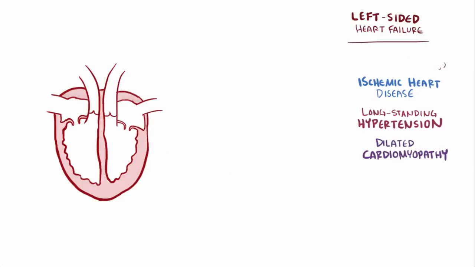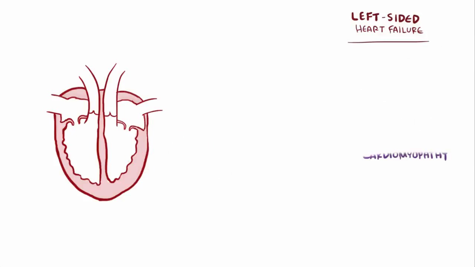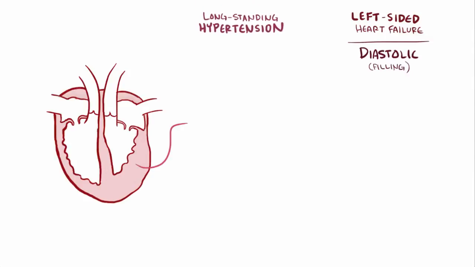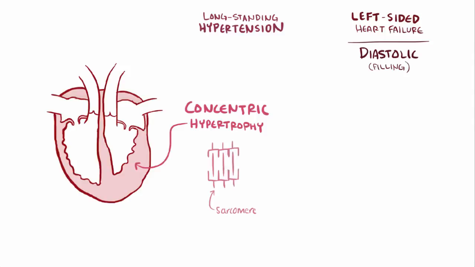Alright, even though systolic failure is most common in left-sided heart failure, diastolic heart failure or filling dysfunction can also happen. In hypertension, remember how the left ventricle hypertrophied? Well, that hypertrophy is concentric, which means that the new sarcomeres are generated in parallel with existing ones.